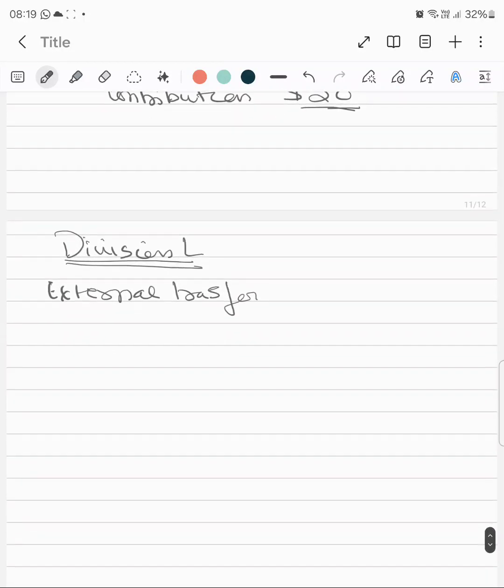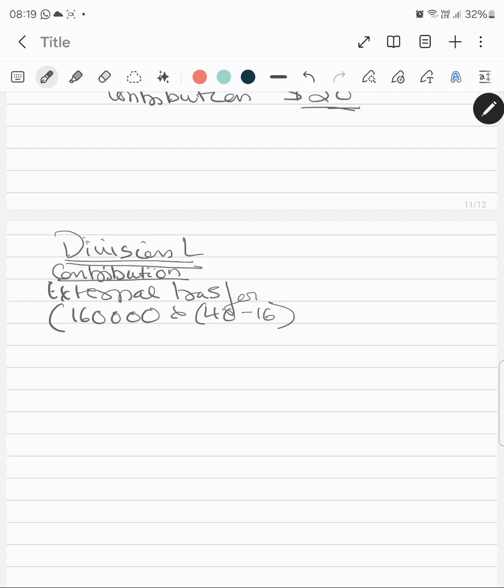So what is the contribution for external sales? External transfer is 1,60,000 into 40 minus 16, that is 24. So 1,60,000 into 24.